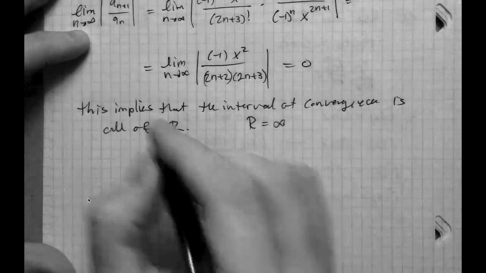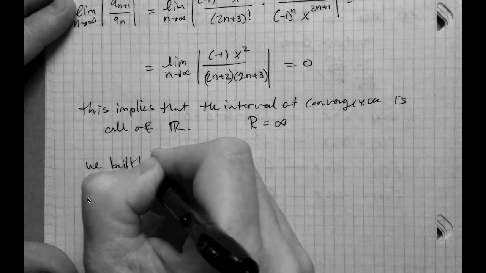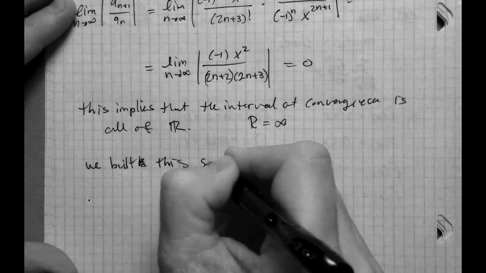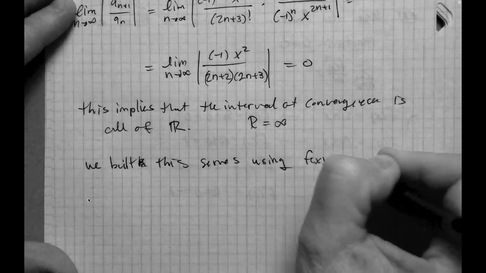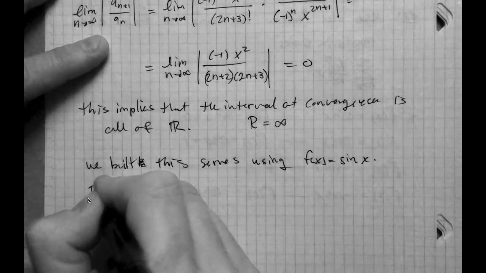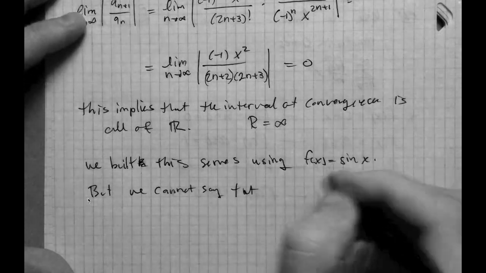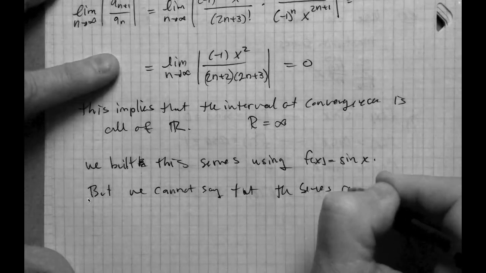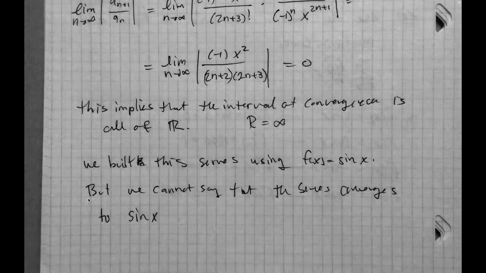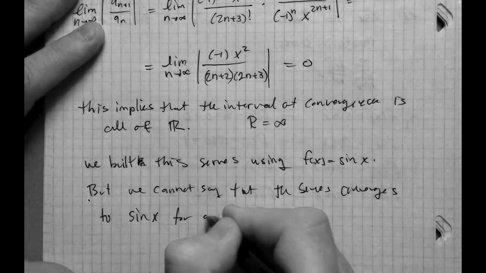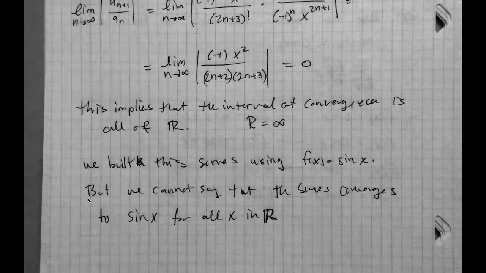well, let me just recap that. We built this series using f of x equals sine of x. But we cannot say that the series converges to sine of x for all x, for all real number valued x.